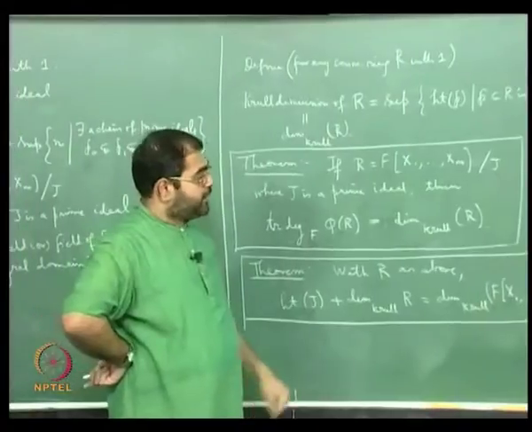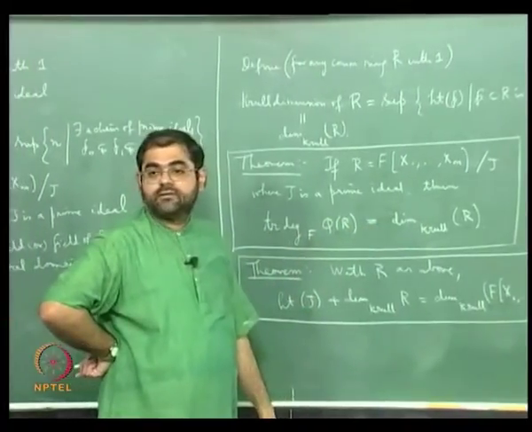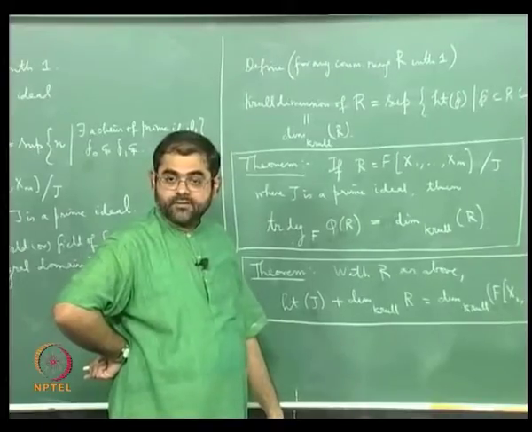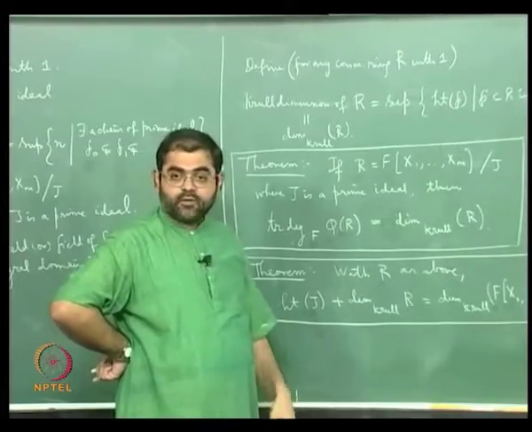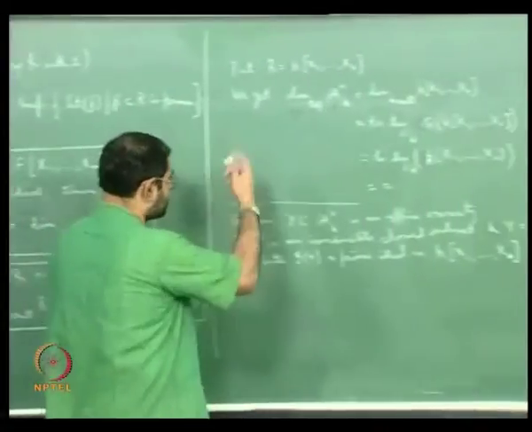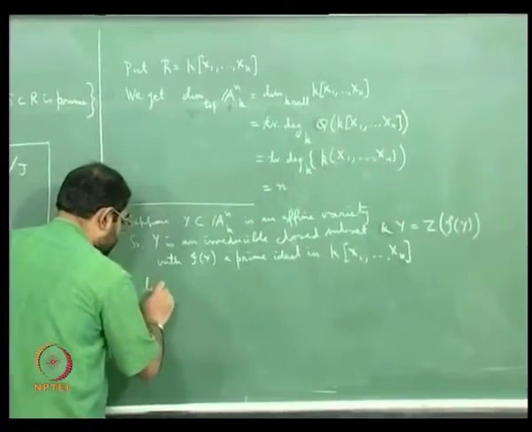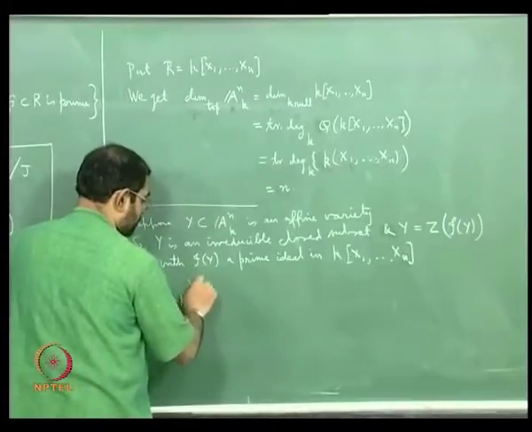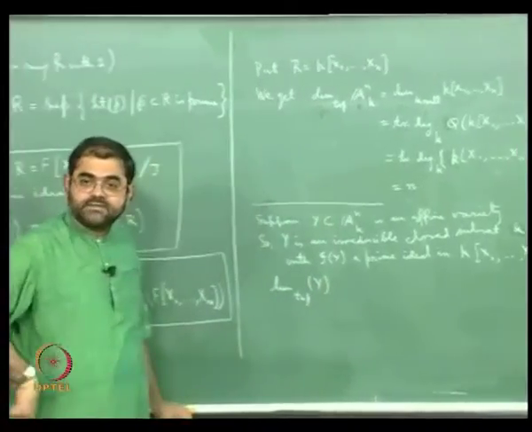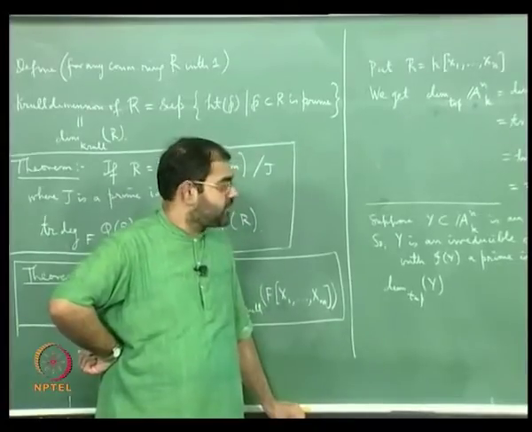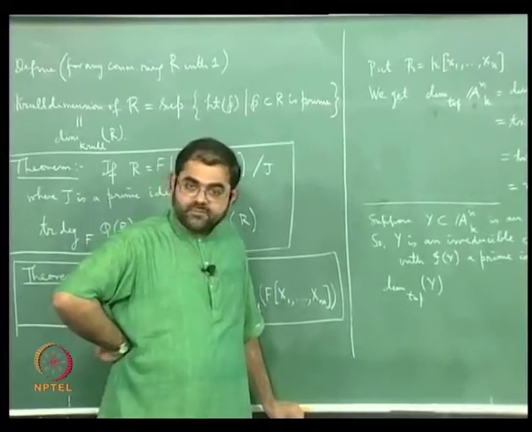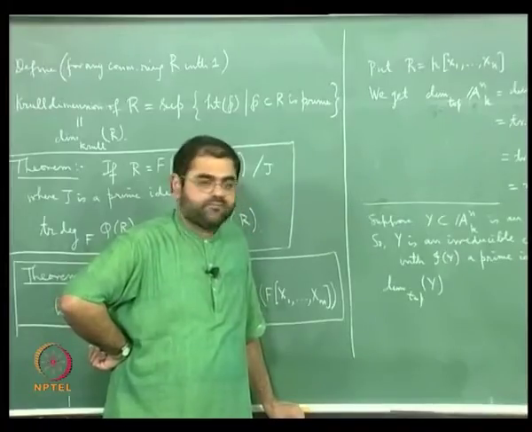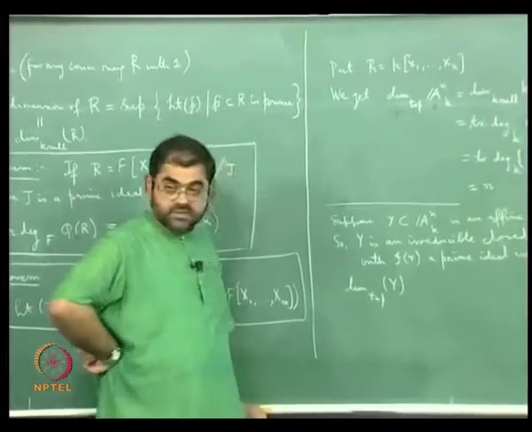A similar statement holds for any irreducible closed subset. So what do you expect the theorem to be? The fact will be that if you take the topological dimension of Y, notice that Y is a subset of affine space, and affine space has a Zariski topology, so Y has also the induced topology, and in fact Y is itself a closed subset.